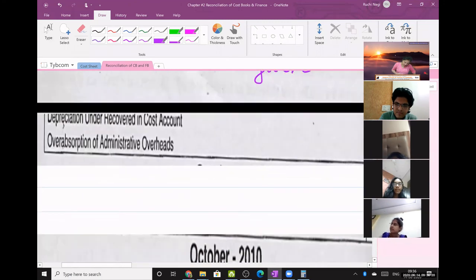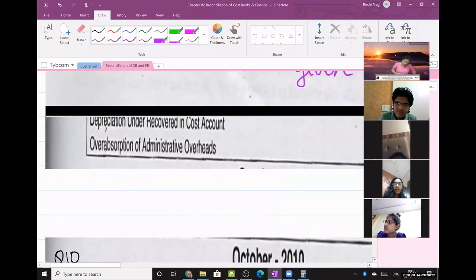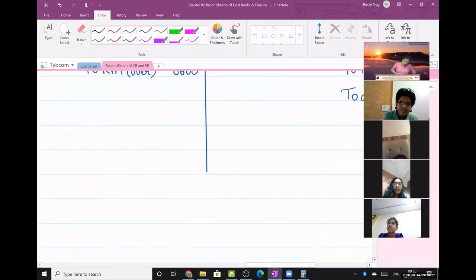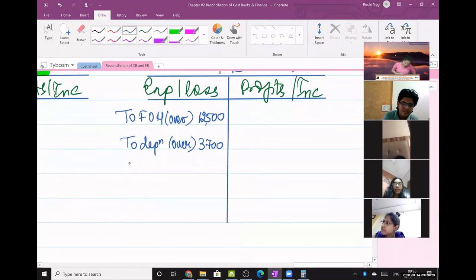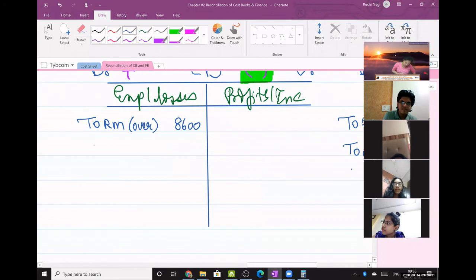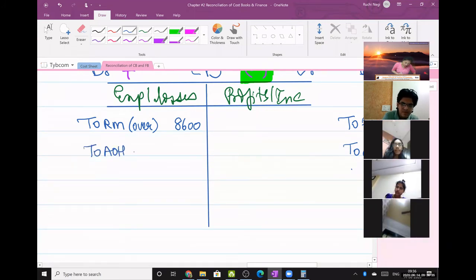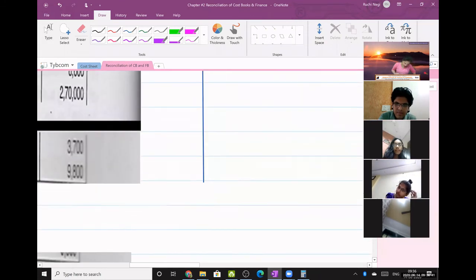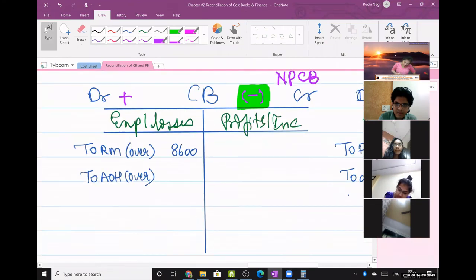Last, over absorption of admin overheads. Admin overheads, debit side. Nothing is mentioned, so cost books. To admin overheads, over absorption, 9,800.